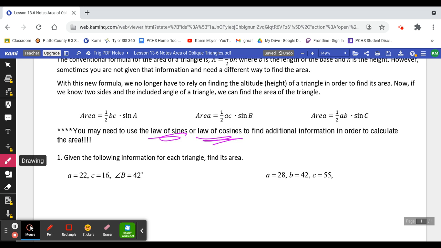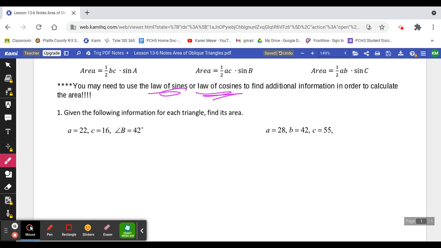So let's look at the first one. I got little a is 22, little c is 16, and angle B is 42. So do I have the correct information? Hopefully everybody says, well, let's look at the middle formula for area we have up above.